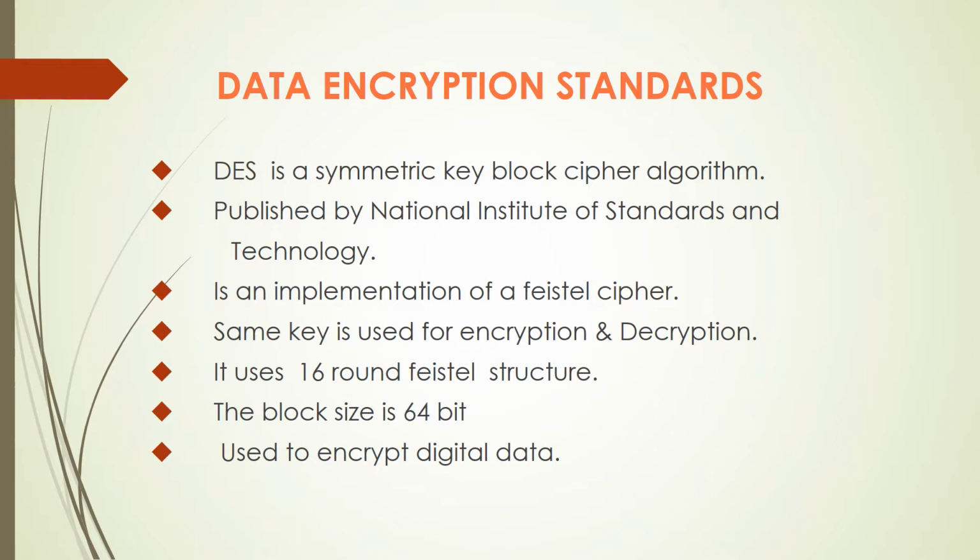So from the 64 bit key we have to generate 16 subkeys of 48 bit, and for each and every round we have to use a separate individual subkey. At last we get the output ciphertext as 64 bit.